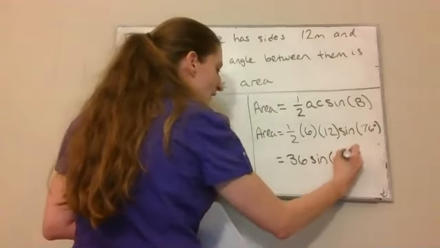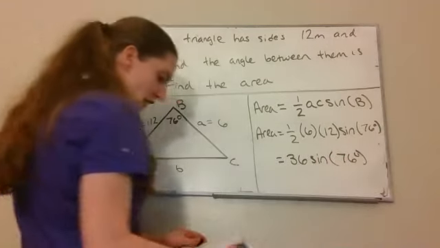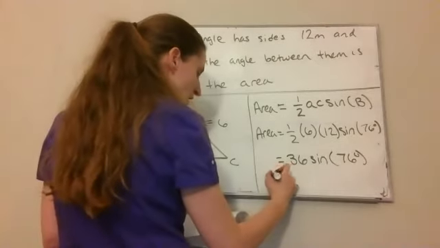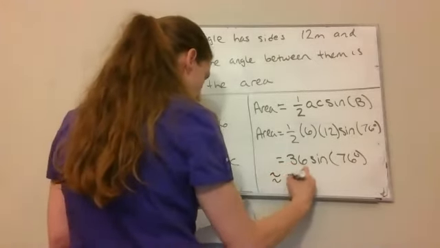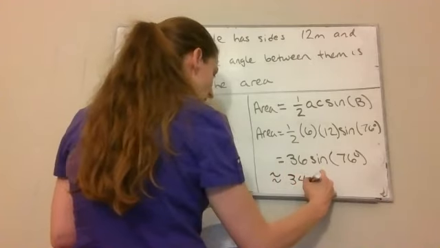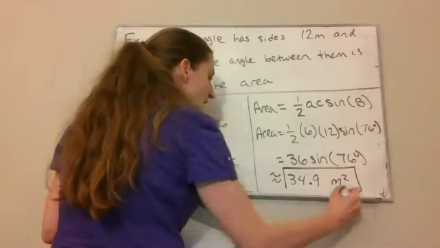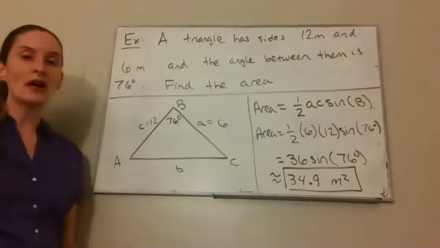So I have 36 times sine of 76 degrees. And if I happen to type that into a calculator and round it to one decimal place, I'm going to get 34.9 square meters as the area of that triangle.